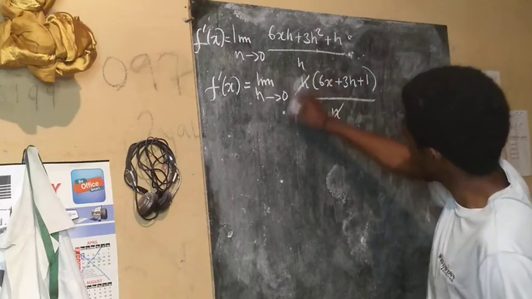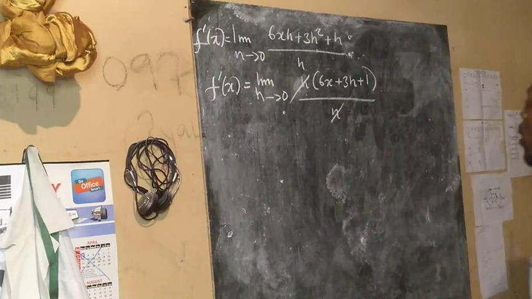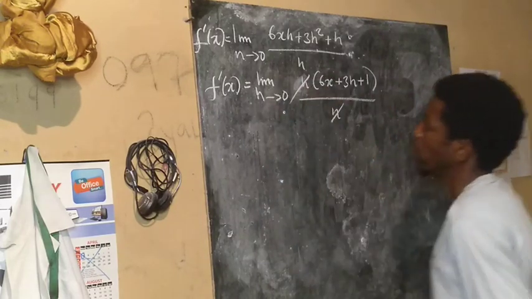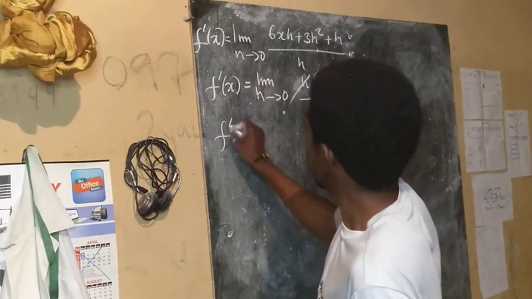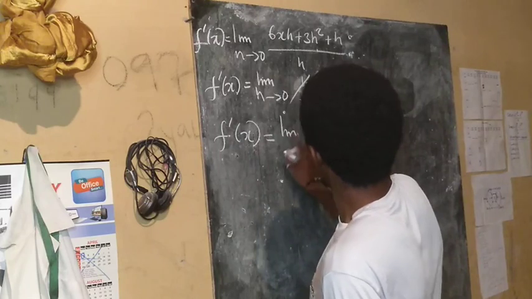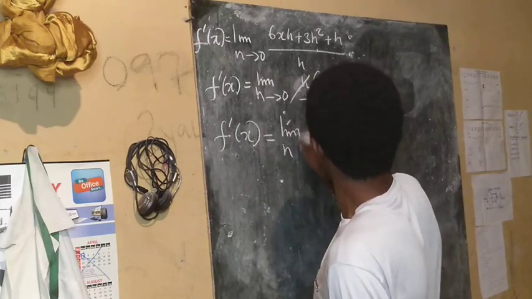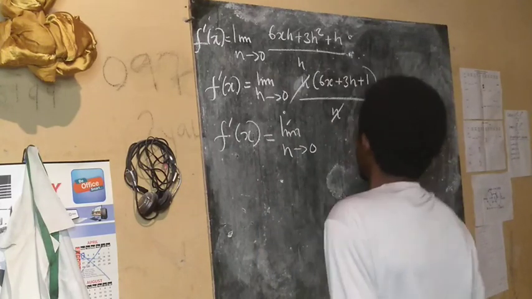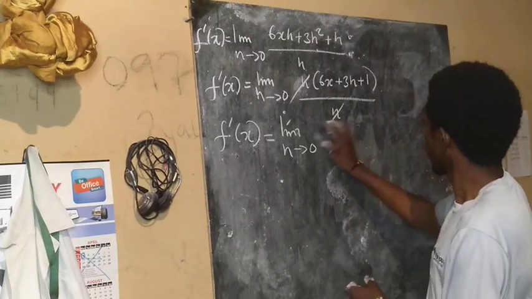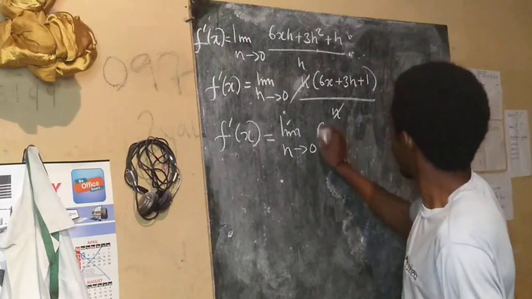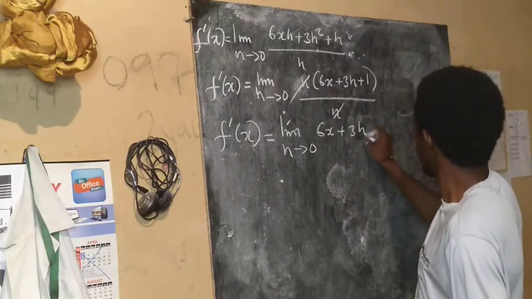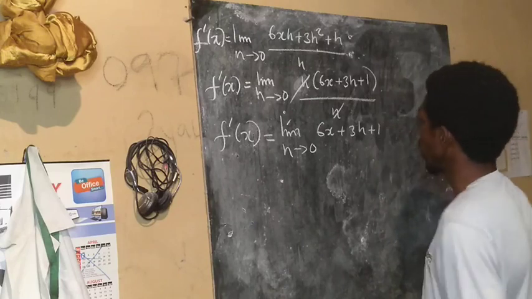This h and this h can cancel. So f prime of x is the limit when h is approaching 0 of 6x plus 3h plus 1, like that.